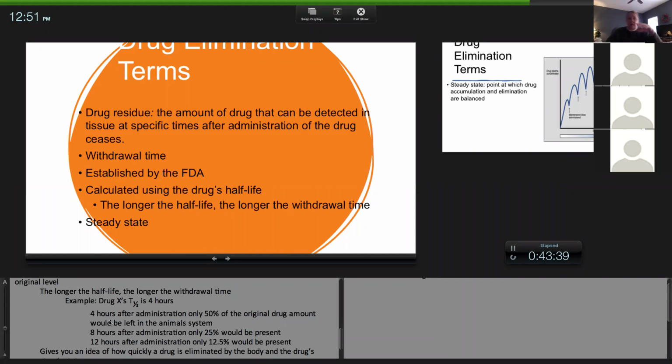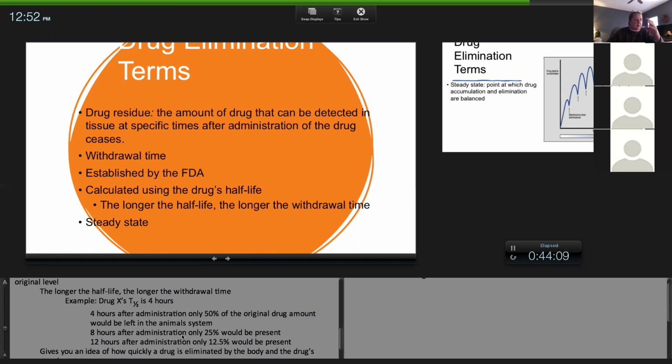If a drug has a half-life of 4 hours, when you give the drug, in 4 hours only 50% of that drug is remaining in the system. After 8 hours, we do another 4 hours, and that 50% is reduced by half. So now we have 25%.